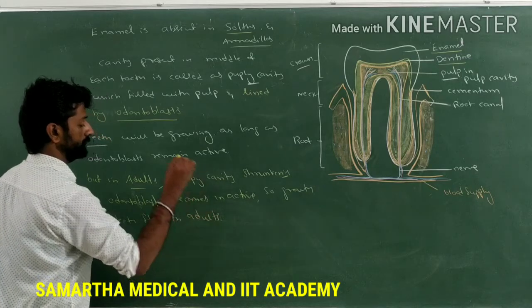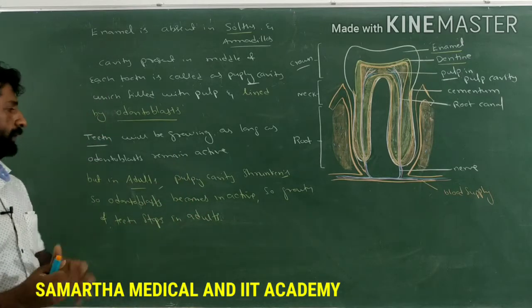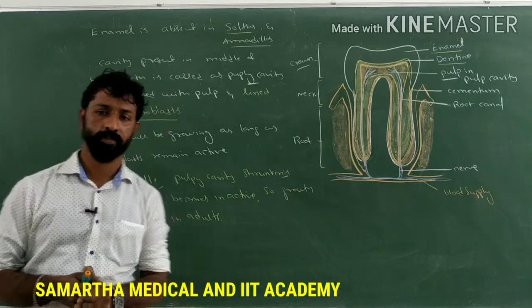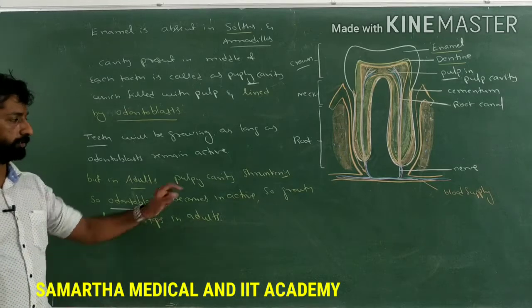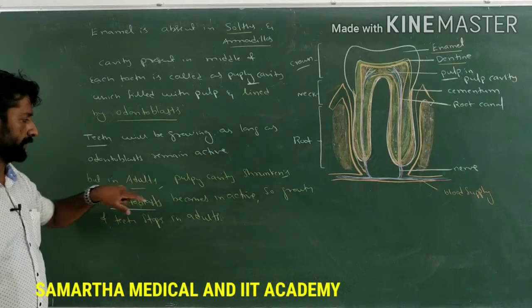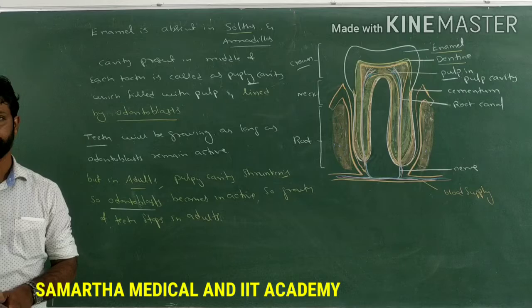So what is the reason for the stopping of growth of the teeth in adults? That is the inactiveness of the odontoblasts due to the shrunken pulpy cavity. Is it clear?